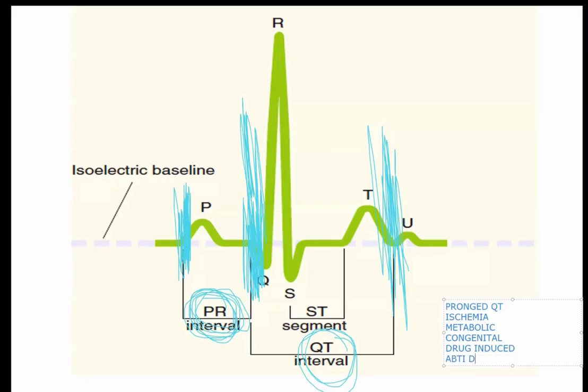Antidepressants or treatment for psychiatry can prolong the QT, and if the QT becomes prolonged, this can predispose to ventricular arrhythmia. So the whole QT will be prolonged. It is important to note that.